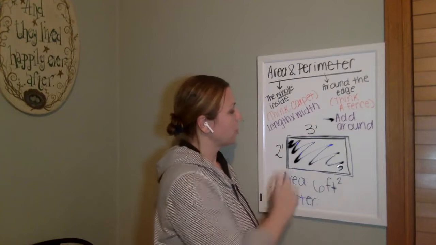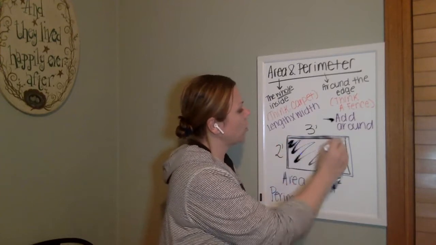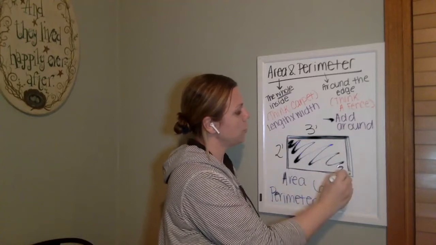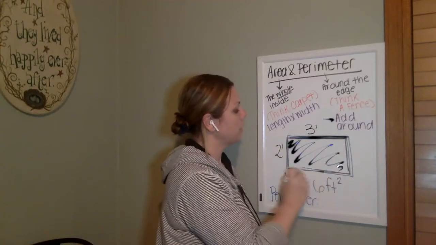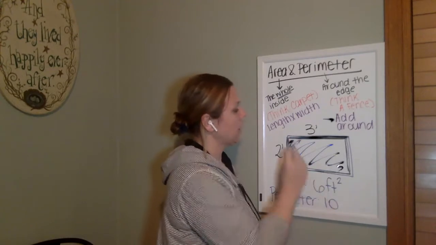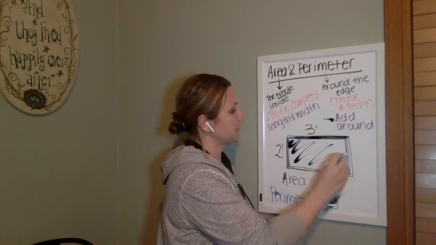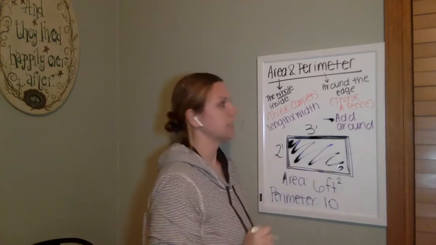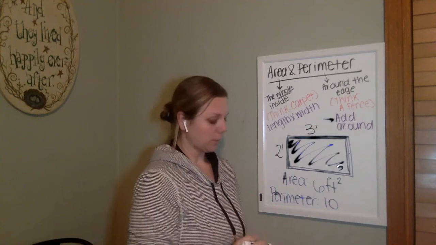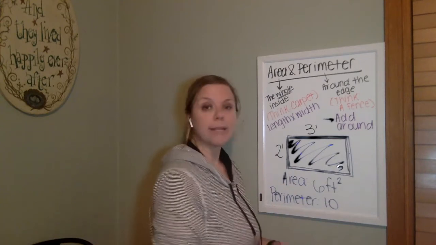And then your perimeter, you're going to add all around the outside. So you're going to do 3 plus 2, which is 5, plus 3 more, which is 8, plus 2 more, which is 10. In other words, 3 plus 3 is 6, 7, 8, 9, 10, and that's going to give you your perimeter. So that's just sort of the basic finding area and perimeter of a basic shape.